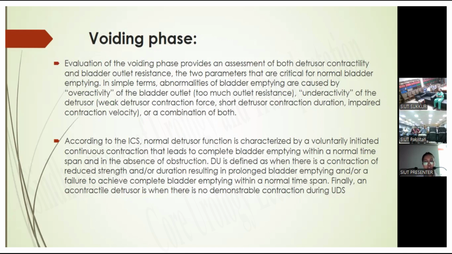Detrusor underactivity is defined as a contraction of reduced strength and/or duration, resulting in prolonged bladder emptying and/or failure to achieve complete bladder emptying within a normal time span. Finally, an acontractile detrusor is when there is no demonstrable contraction during the UDS.